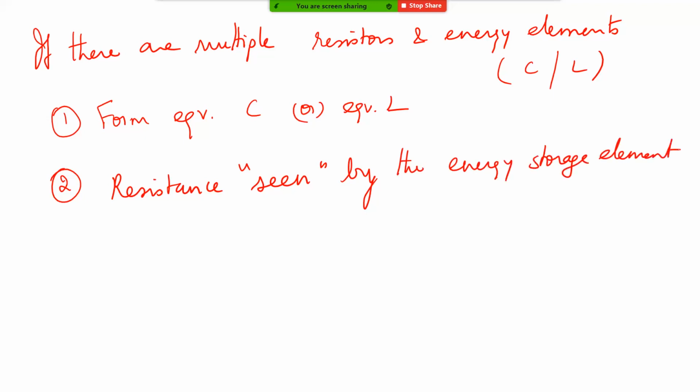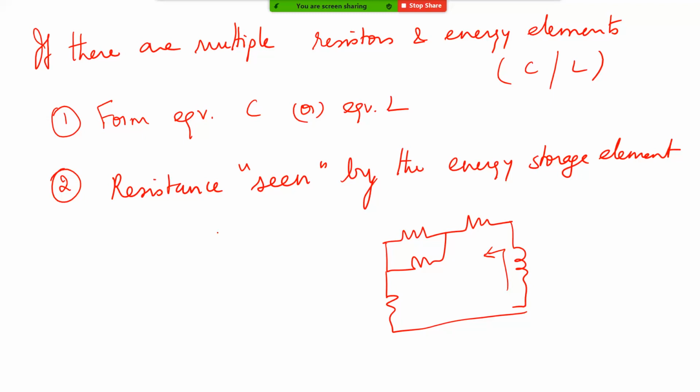Sometimes if you have one resistor and then an inductor, it is fairly straightforward to find the resistance seen by the inductor. But sometimes it may not be straightforward, especially if you have a dependent current source or a dependent voltage source.